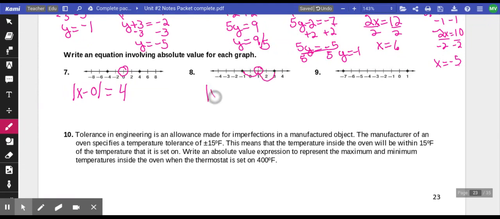So that's the absolute value of x minus 1 equals 2. Number 9, I have -7 and 1. So those are 8 apart. So half the distance is 4. So the value in the middle is -3. So it's the absolute value of x minus -3, which is really just x plus 3, equals 4.